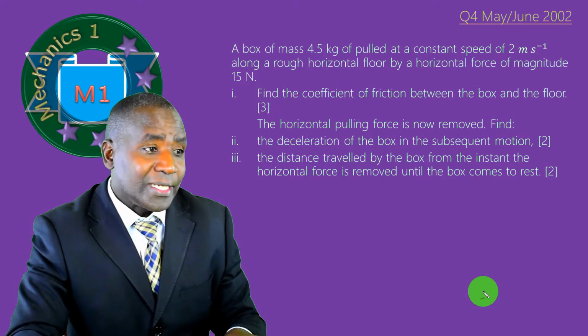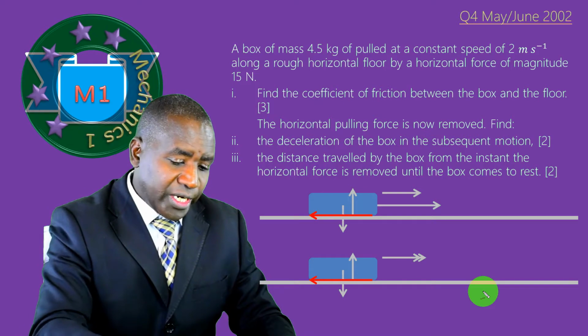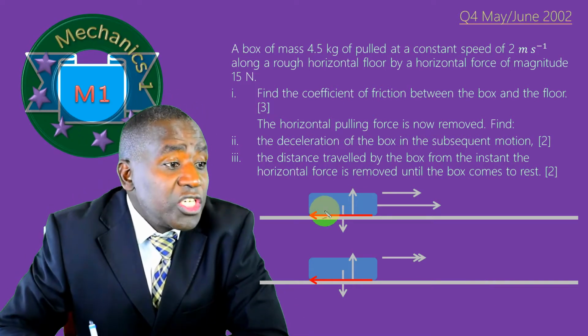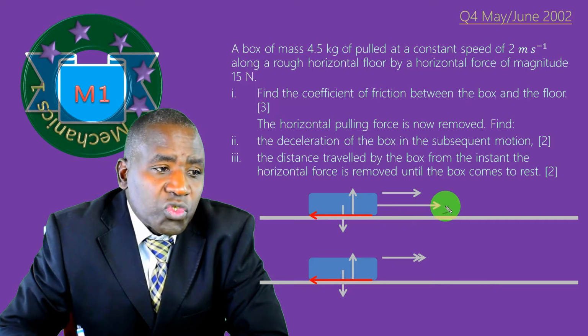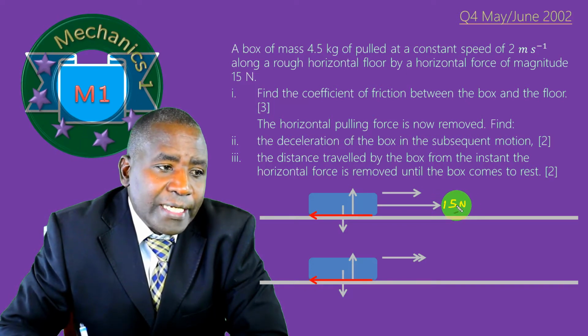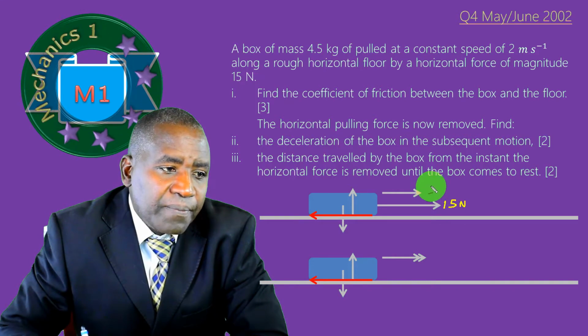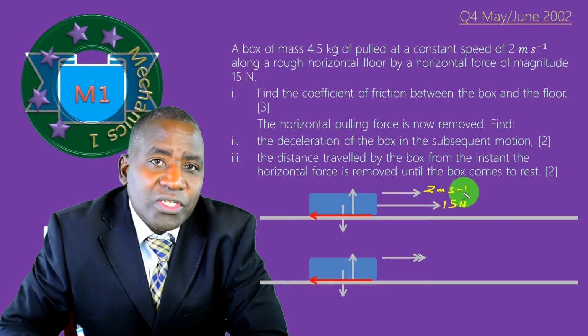In fact, let's look at the diagram of that. And here I've already drawn the diagram. So this is what we have. There is this pulling force of 15 newtons. And this object has got a speed of 2 meters per second to the right.